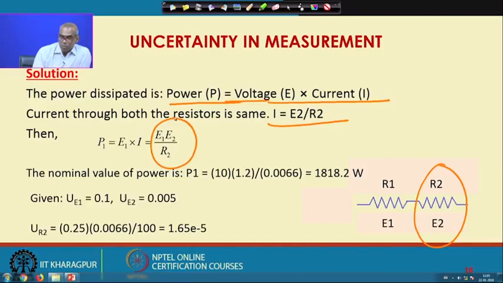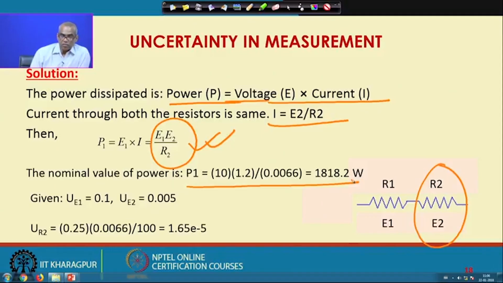The nominal value of power can be obtained straight away from this equation. So, I put all the values given and get 1818.2 watt.